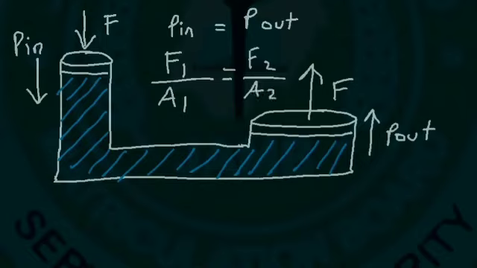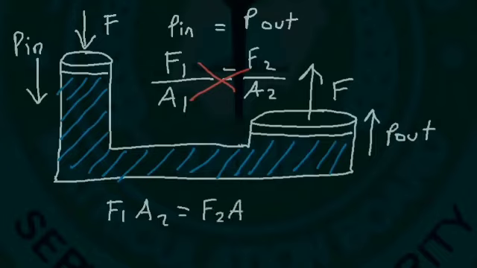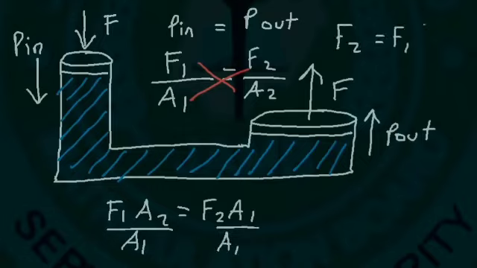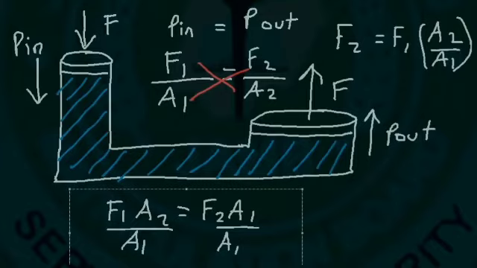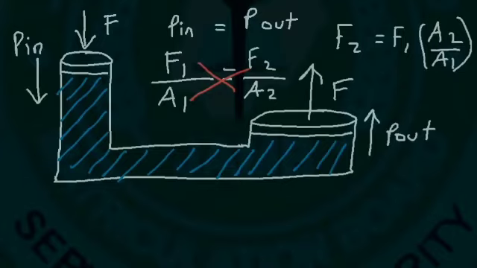So if we cross multiply, we're going to get the equation F1 A2 is equal to F2 A1. And if we solve for F2 by dividing both sides by A1, we get this equation. F2 equals F1 times the ratio of the areas A2 over A1.